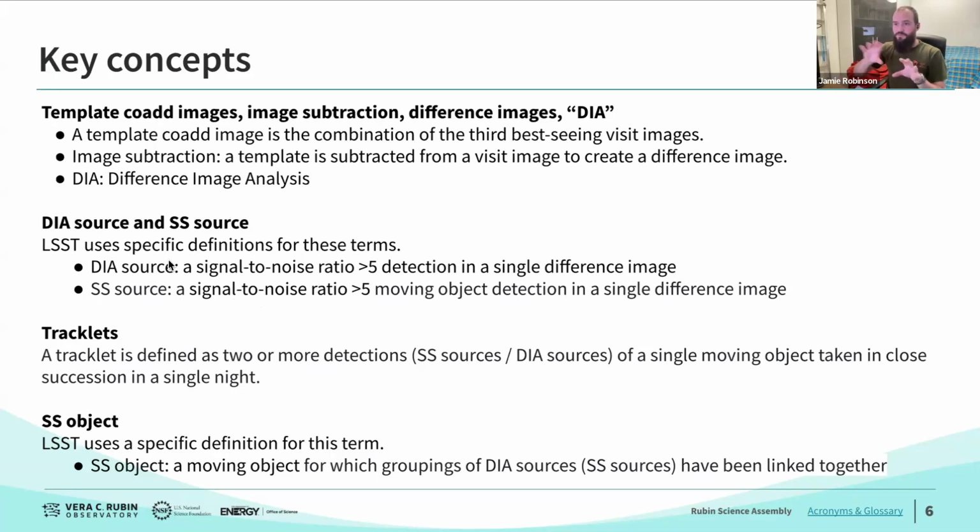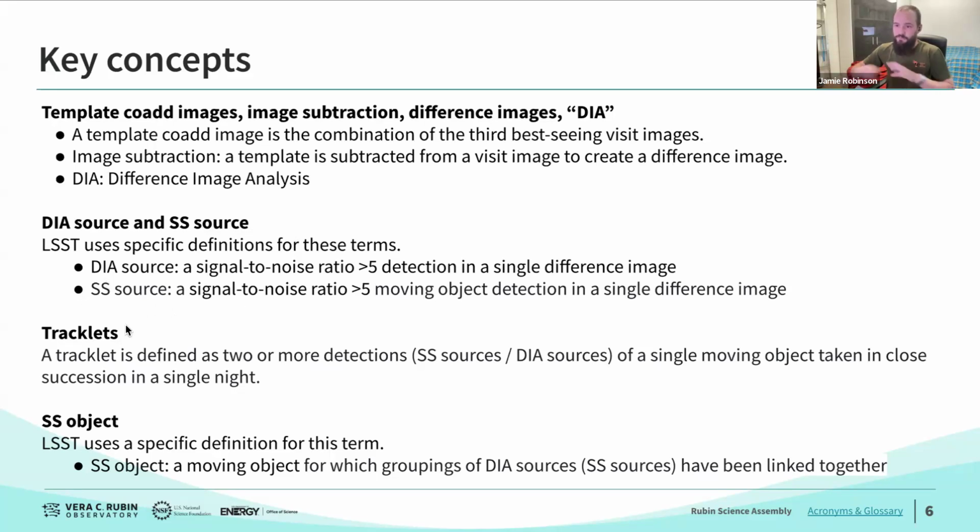So this is where solar system starts to become a bit more specific than the wider DP1 catalog. The DP1 contains many, many DIA sources for each of the visit images, but only a subset of those DIA sources will have a corresponding SS source. It's a DIA source that's been matched with a moving solar system object.